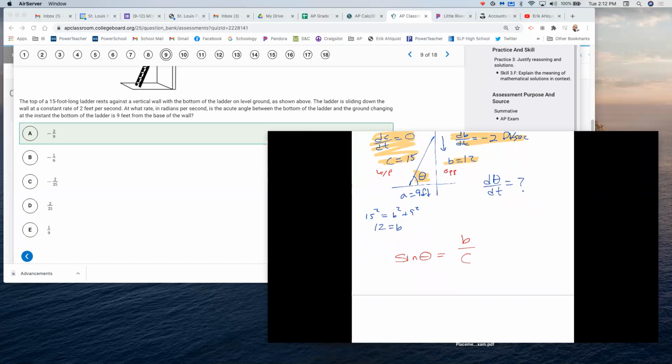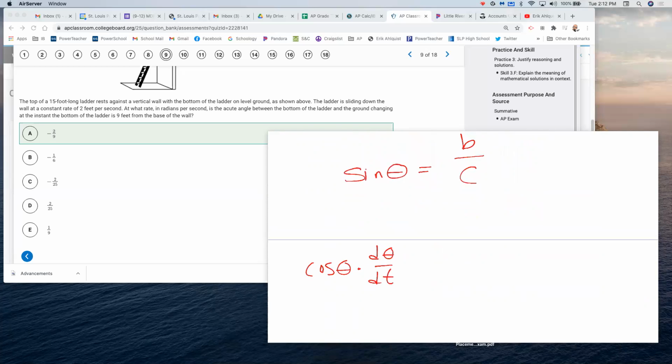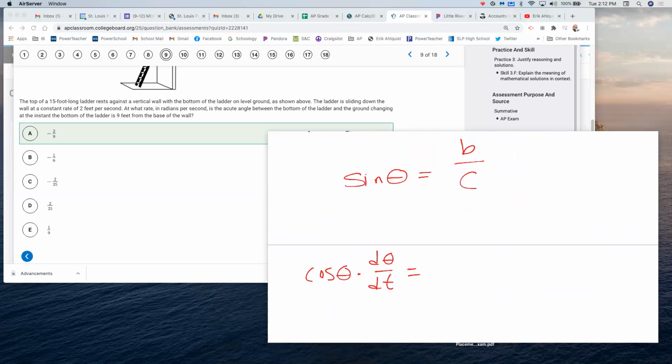And I'm going to say, okay, well, if I have to differentiate this, the derivative of sine is cosine, but I also have to differentiate theta with respect to time. I'm going to use the quotient rule on the other side. So I'm going to do the bottom times the derivative of the top minus the top times the derivative of the bottom over the bottom squared.